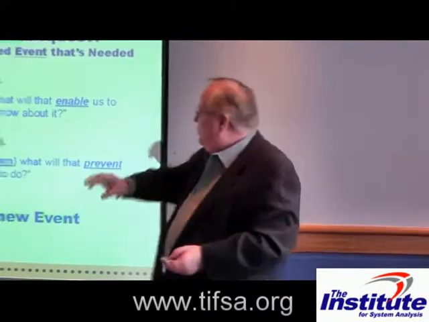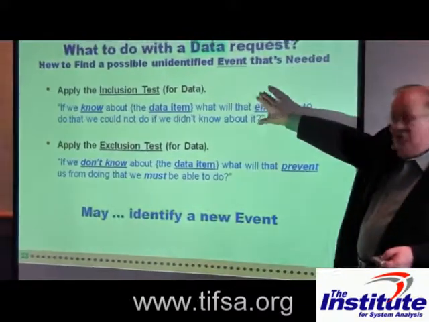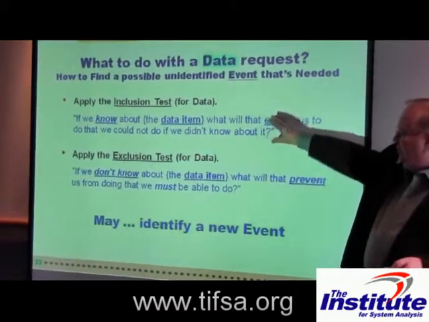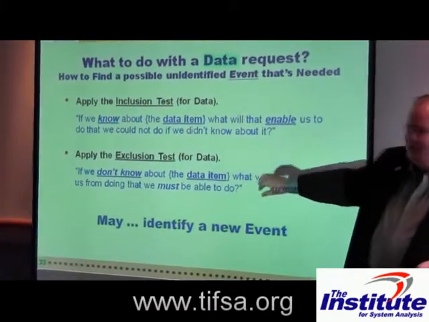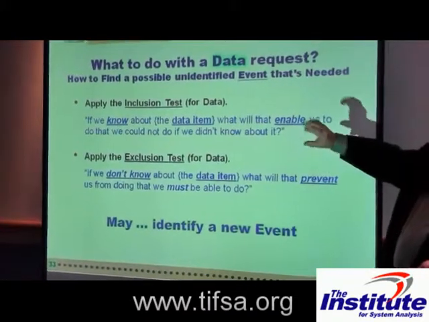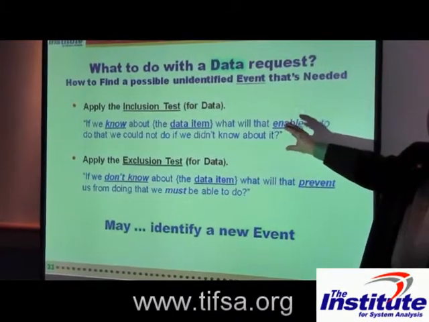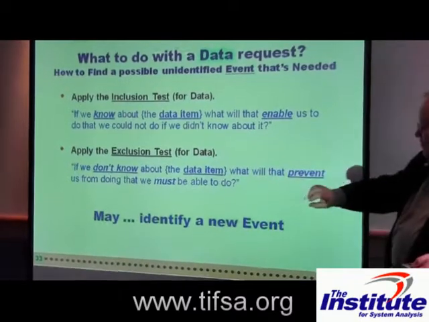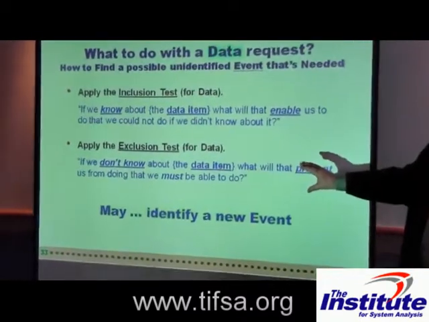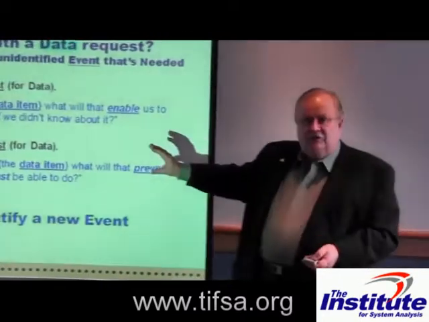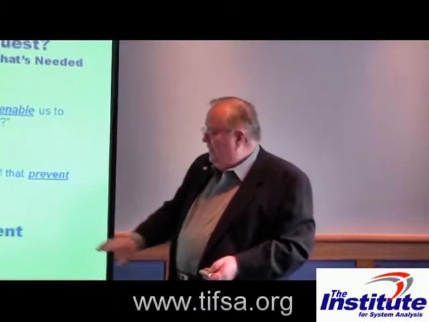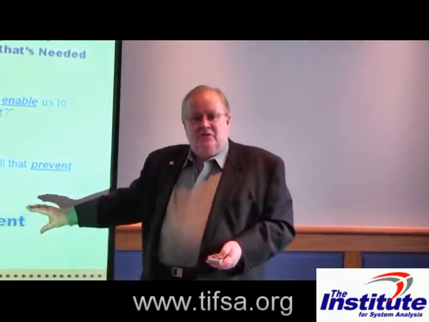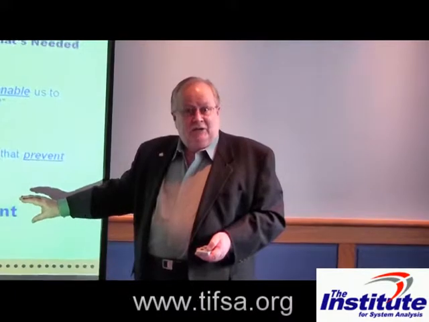So we can ask these questions, the inclusion question or the exclusion question about the data attribute. The inclusion meaning that if we've got this data, what will that enable us to do? The exclusion question is, if we don't have that data, what will that prevent us from doing? And the answer you get could very likely identify a new event.